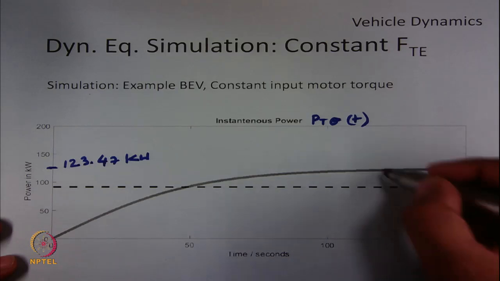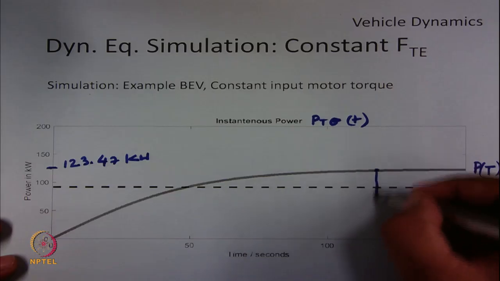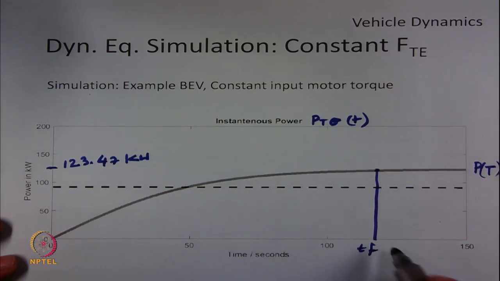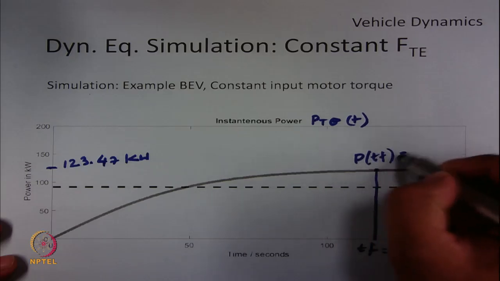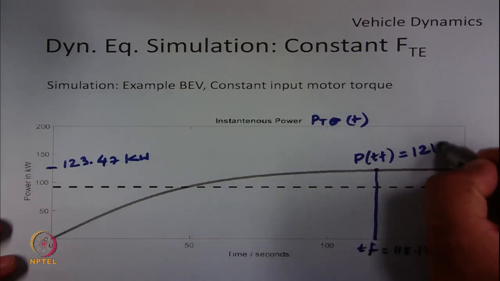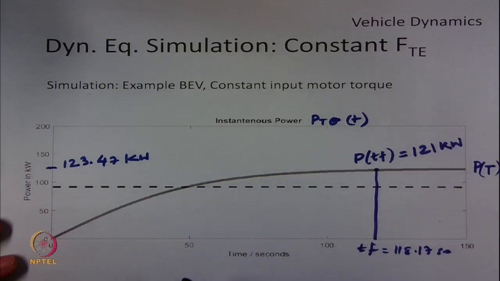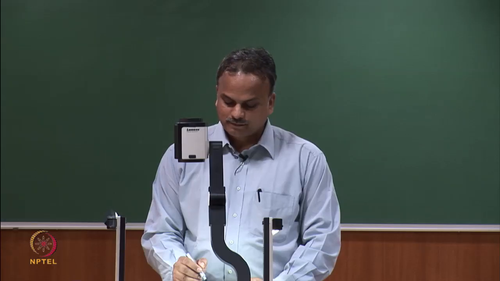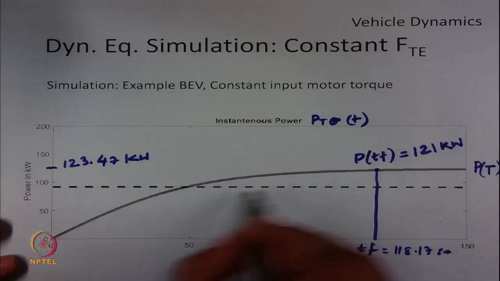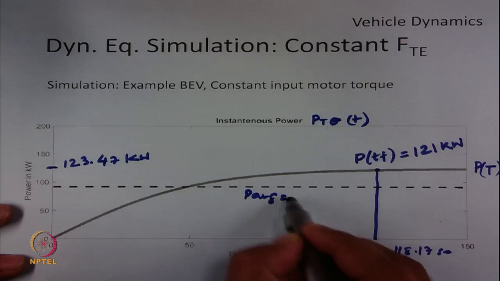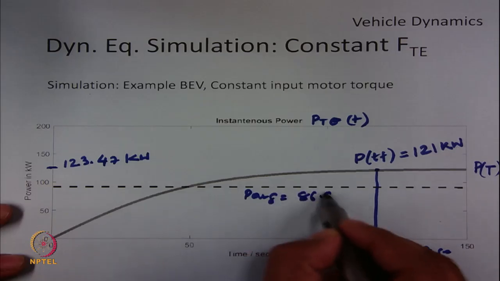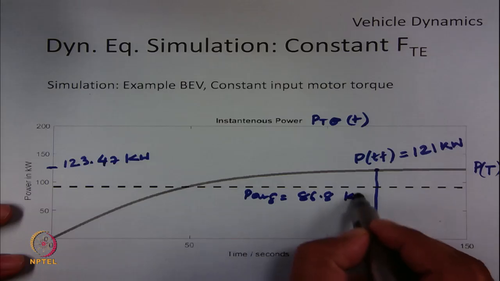So, at Tf, the P required at Tf was 121 kilowatt. So, if we try to find the average value, which we have done, the average value is this, and P average was 86.8 kilowatt.